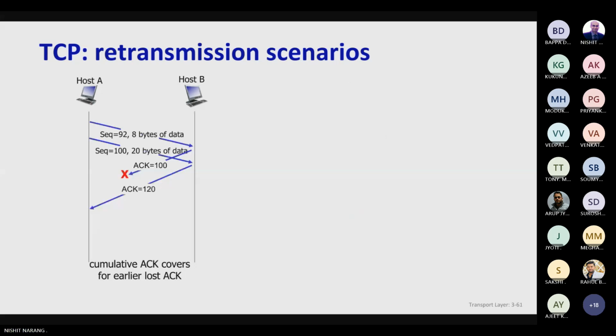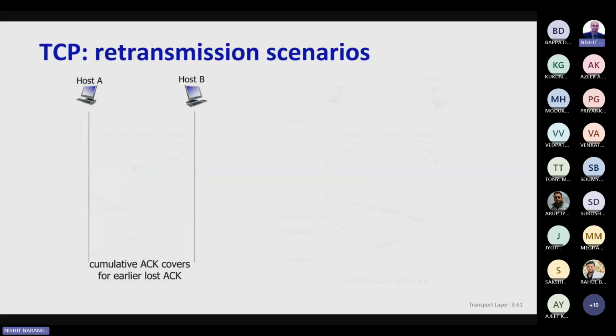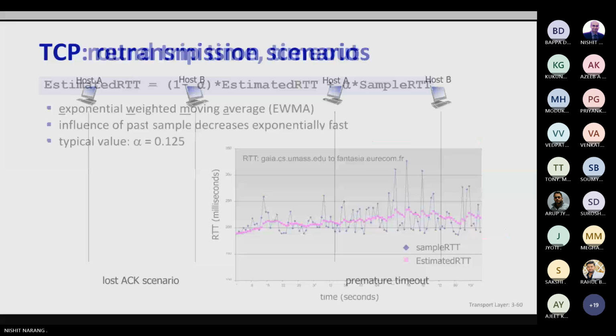Okay. So TCP in this example now can go ahead, as soon as it gets ACK 120, it can go ahead and send the next 15 bytes. Doesn't have to retransmit anything. Okay, so that is how TCP works.